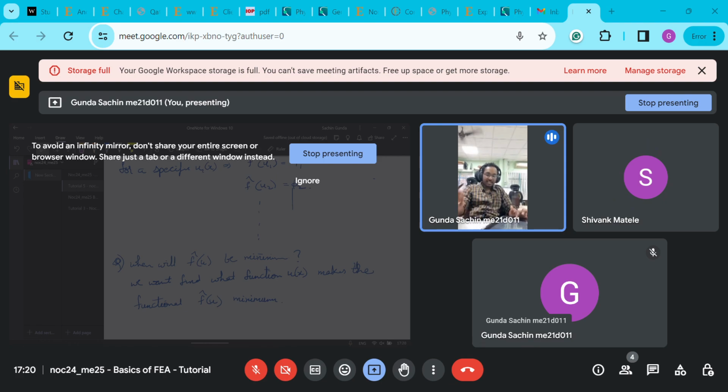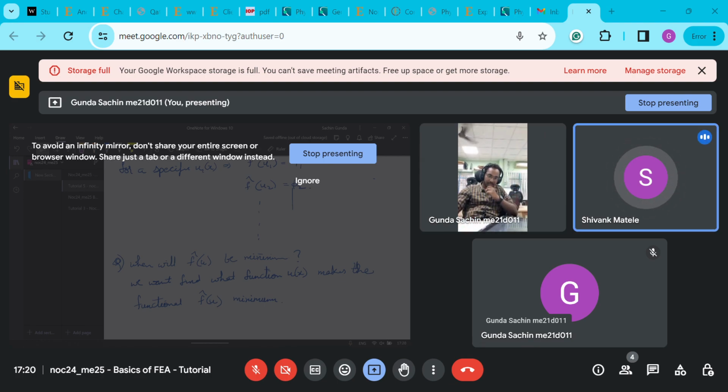Our goal is to find the minimum. So for what function u of x does it make the functional minimum? That's why we find the variation. Yes.